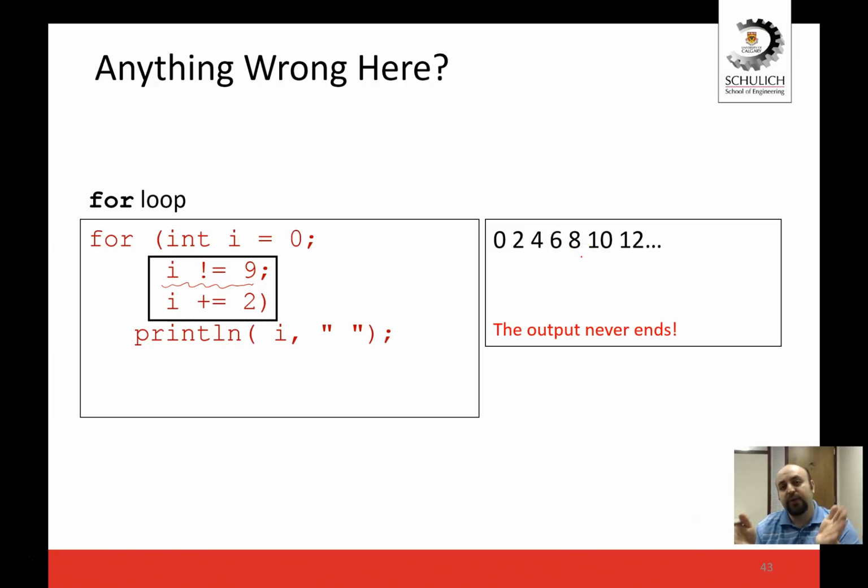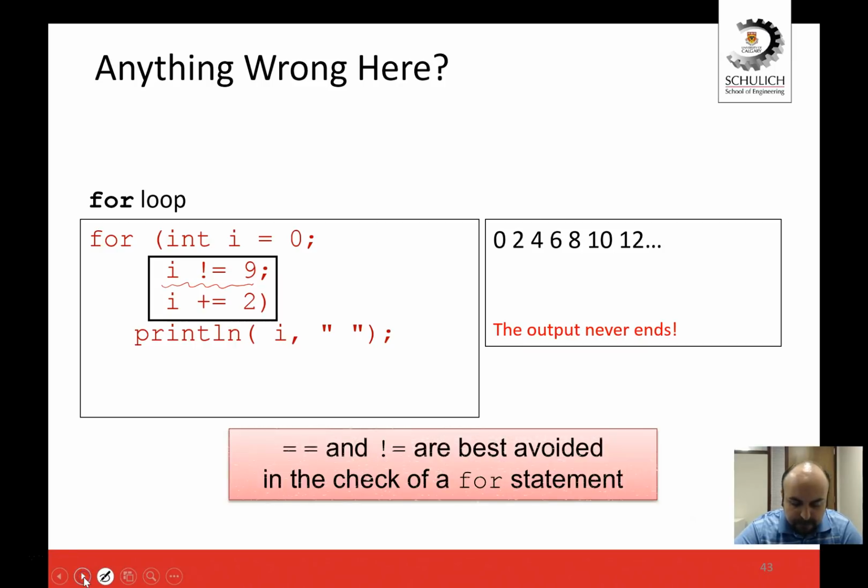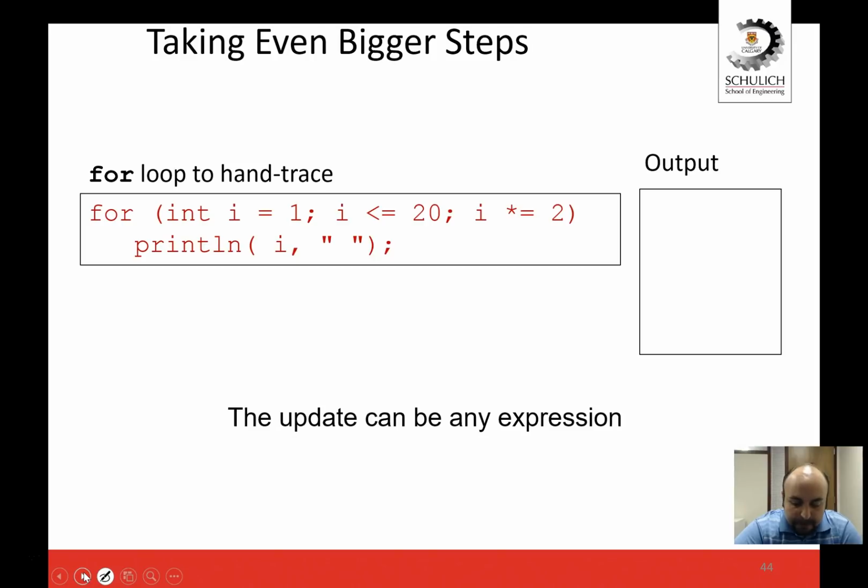So you're never going to get I as 9, so this is not going to terminate. You're going to have an infinite loop on your hands. So this is something that you have to definitely watch for. Basically, equal and not equal checks are best avoided when you're doing for loops.